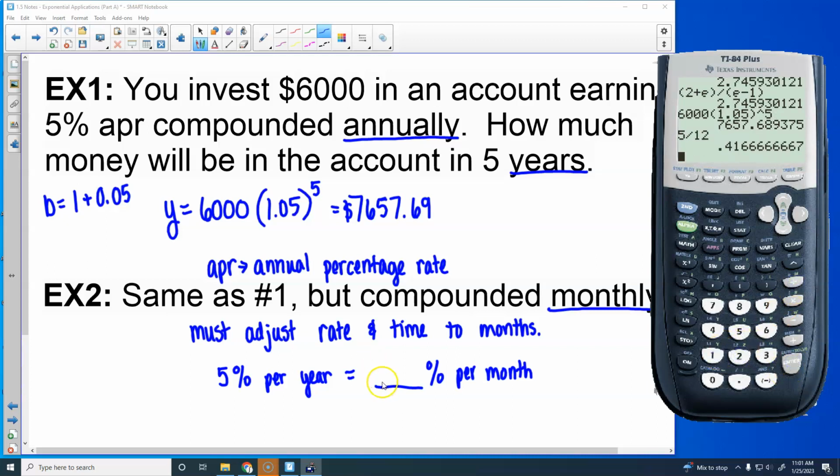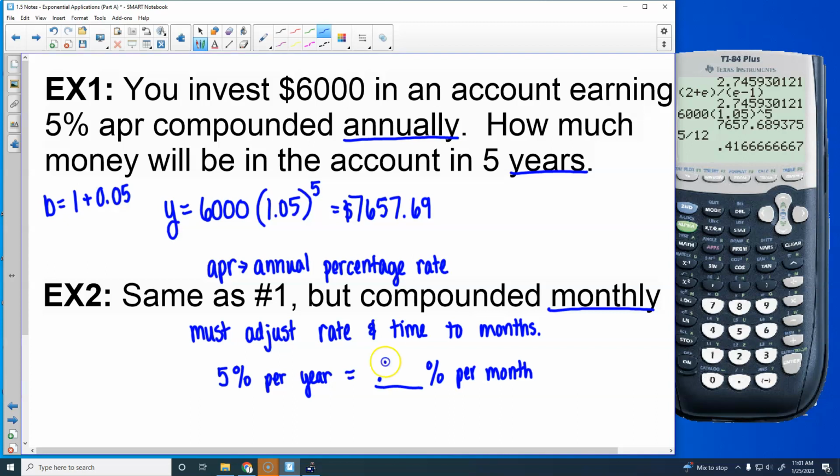And that will give me 0.416 repeating. Now, you do need to keep in mind this is a percent. It is 0.00416 repeating whenever you change it to a decimal, because this is still a percent.